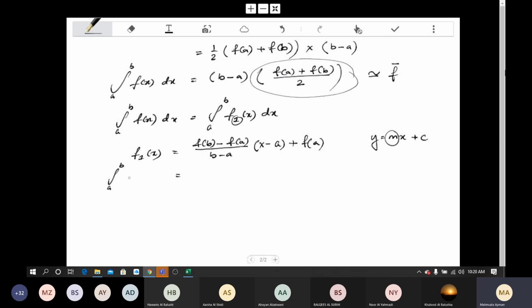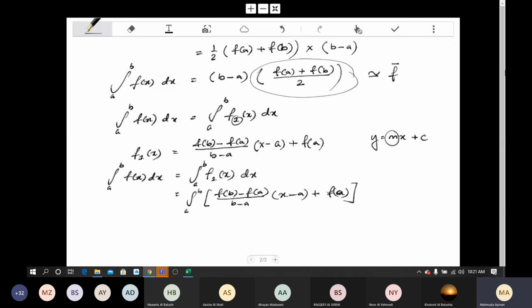So calculating the integral of the function f(x) dx, we have the integral of the first order polynomial dx, and now we replace the first order polynomial with the formula we just got, which is f of b minus f of a divided by b minus a times x minus a, plus f of a, dx.